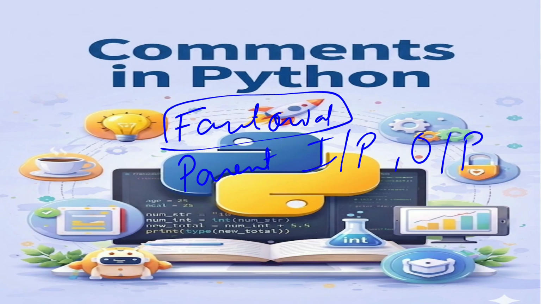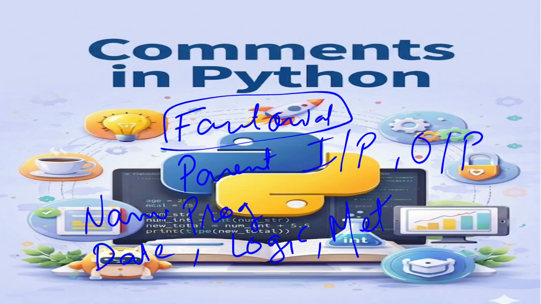So comments are an optional part of any programming language, and they are for assisting the developer and the programmer. In the comment section we can write the name of the program, कि हमारा प्रोग्राम का नेम क्या है. We can also write the date of the program, what logic is used, which types of methods are used, and which functions and libraries our program uses.